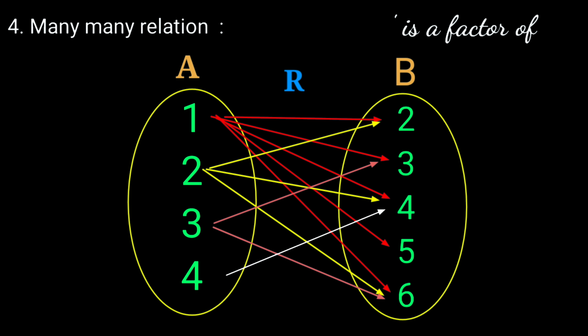In this relation, we can see that the element 1 of A is connected with many elements in the set B, and also many elements are related with one element in the set B. For example, 1, 2 and 4 are related to element 4 in the set B. Students, this type of relation is defined as many-many relation.